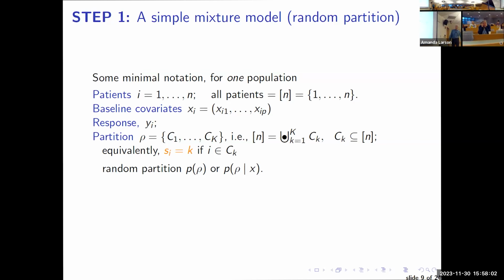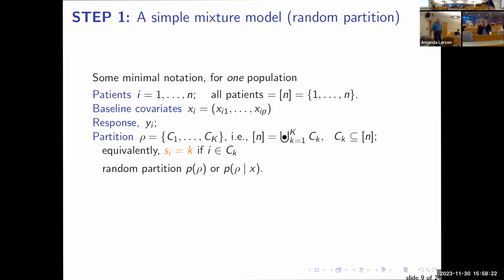Equivalently, sometimes it will be convenient, instead of representing the partition by writing down the subsets, to just write down cluster membership indicators, the orange guy, S sub i. If I tell you for each patient which cluster the patient is in, that's equivalent, right? It's just sometimes an easier notation to use.